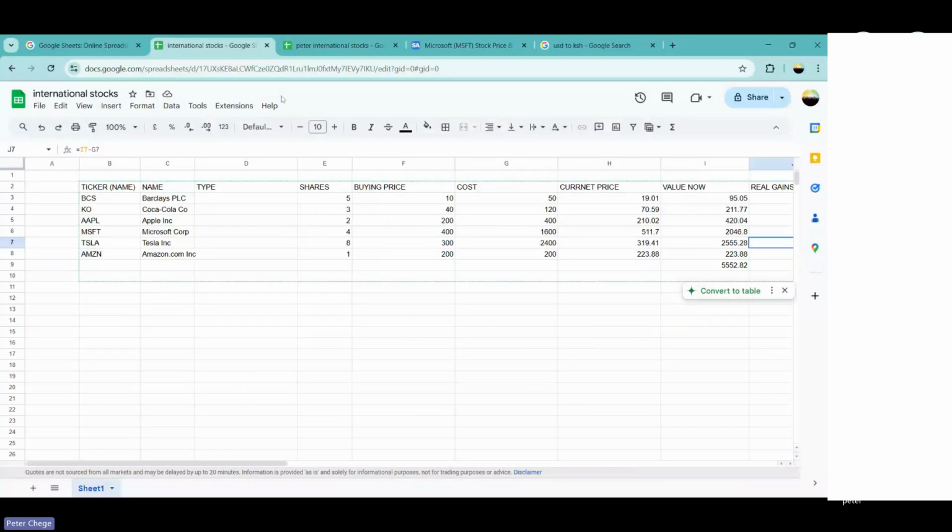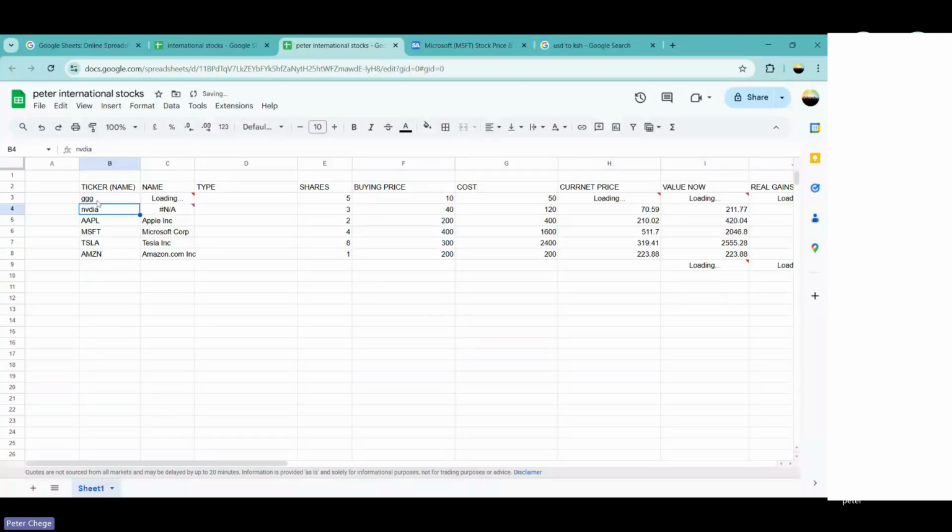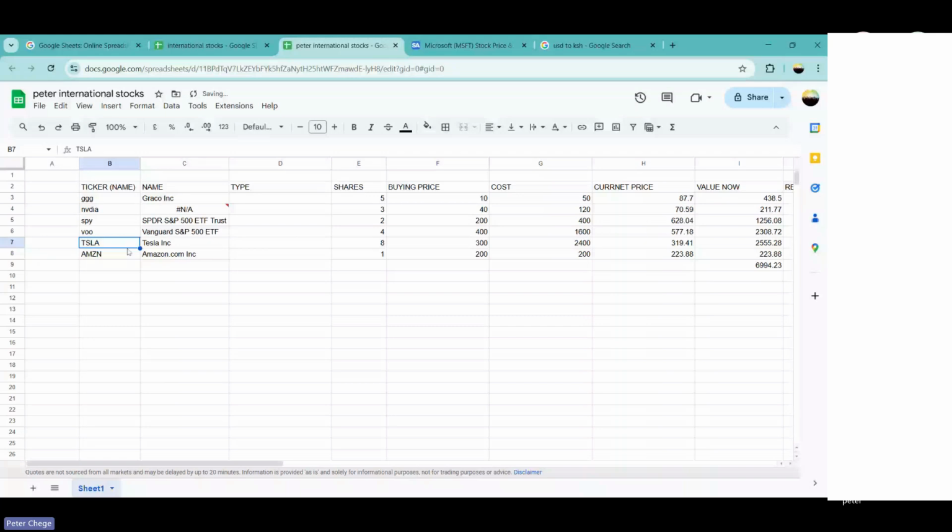Notice this one has Nvidia, or I can even put this as different. SPY, VU, hopefully it can load. You see, it is even putting the ETFs. VTI. Yeah, it's putting the ETFs and even their prices. It's the magic you can do.